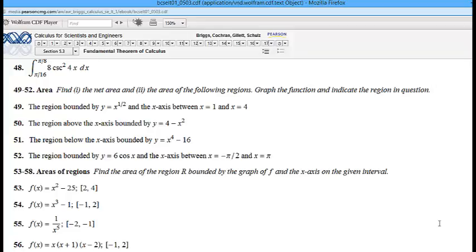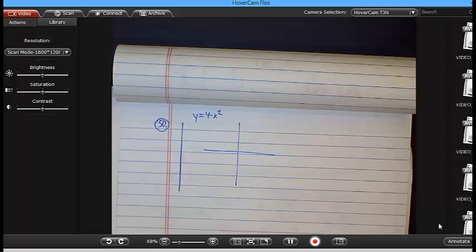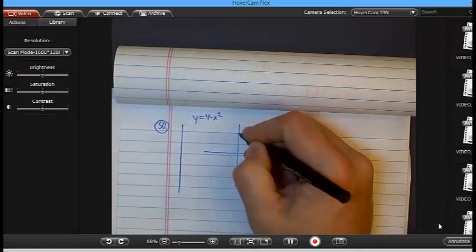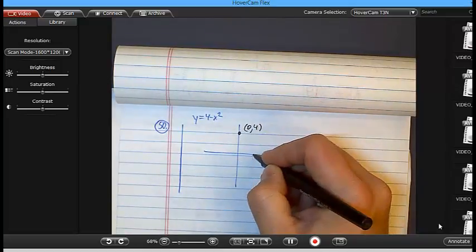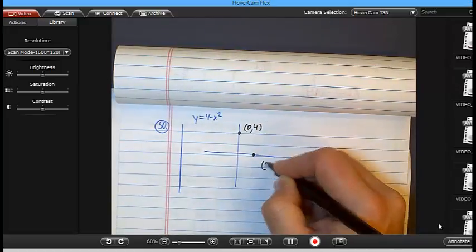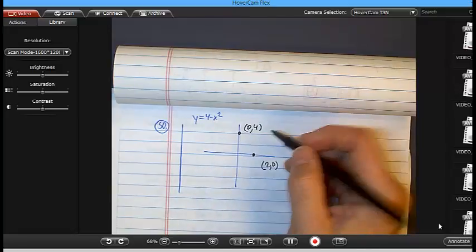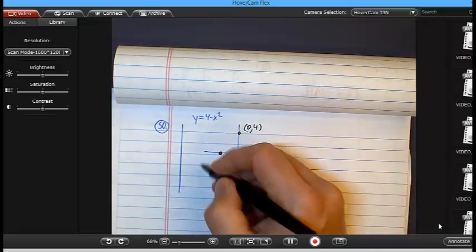You guys should know that one, right? That's a parabola. Okay. So I guess my picture, y equals 4 minus x squared. And I don't need anything fancy here. It goes through, for example, 0, 4. I can see it goes through 2, 0 and negative 2, 0.